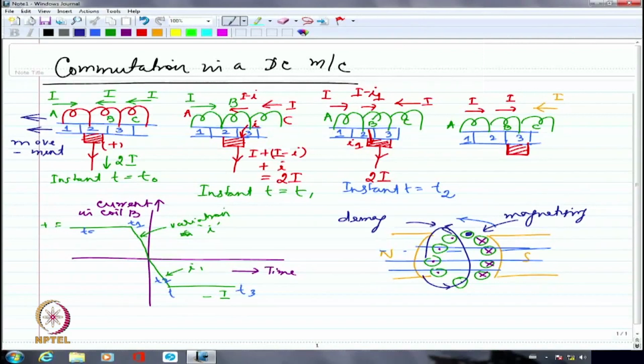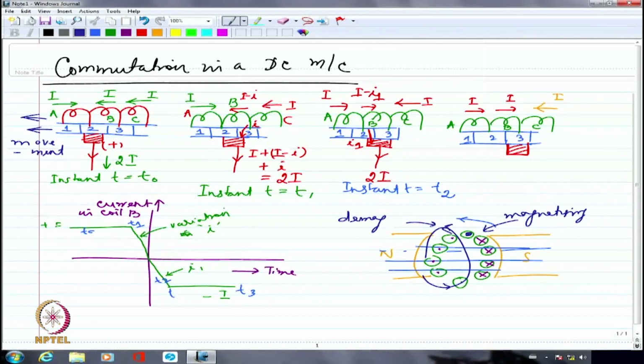It is going to be under the influence of the south pole's flux itself, because of which, although the current should have reversed completely the moment it has left contact with commutator segment number 2, the current is not going to reverse, because the induced EMF is oriented towards the south pole's polarity.